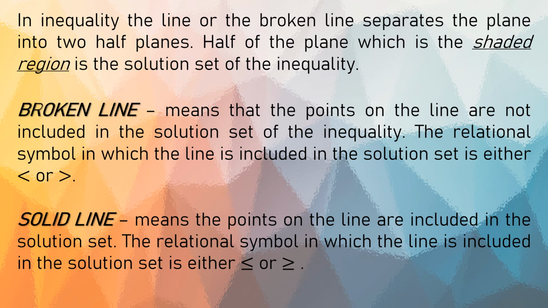So in short, gagamitin natin ang broken line sa graph kapag ang given symbol ng inequality ay less than or greater than, and gagamitin naman natin ang solid line kapag ang given na inequality symbol ay less than or equal to or greater than or equal to.